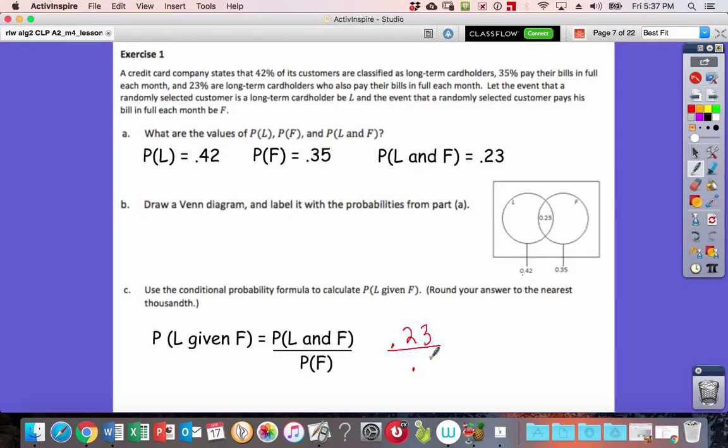Let's see. Can't see very well. 0.35. And what do we get? Let me get my calculator out. And what am I getting? I'm getting 0.657.